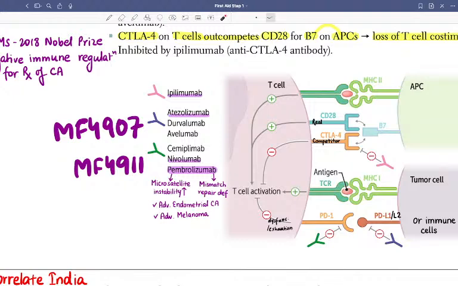So all is ipilimumab. Next is atezolizumab and durvalumab. Durvalumab is Durlab: Lab is lung cancer, urothelial cancer, and B was bladder cancer. Nivolumab, I forgot this one. And pembrolizumab is endometrial carcinoma and melanoma, and there are others also.